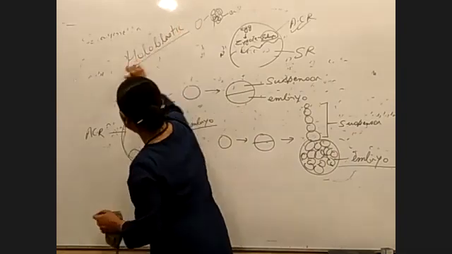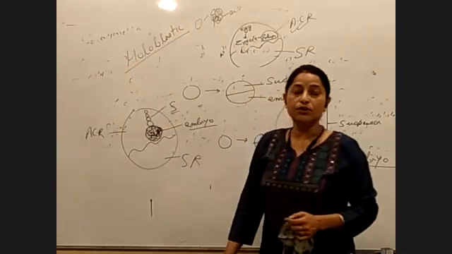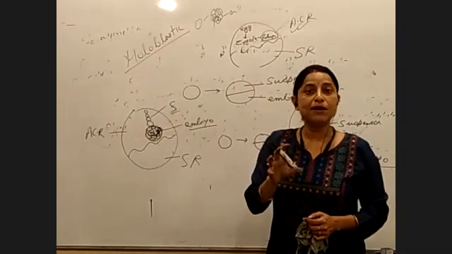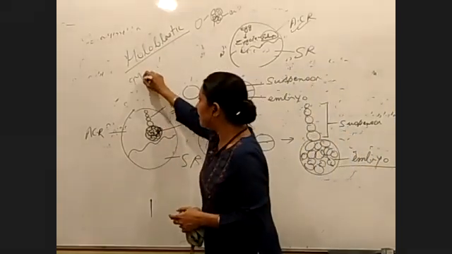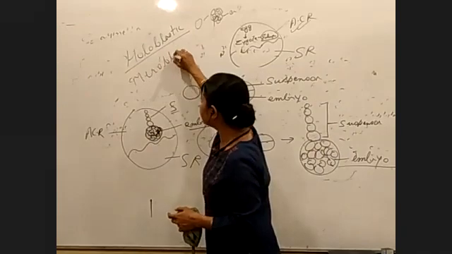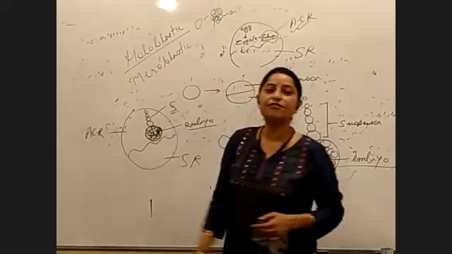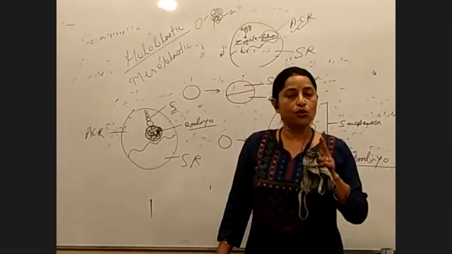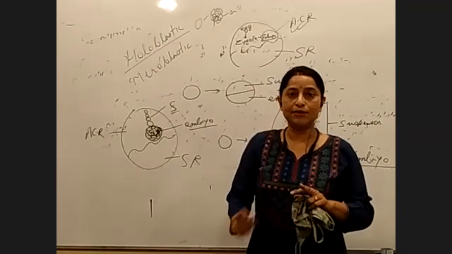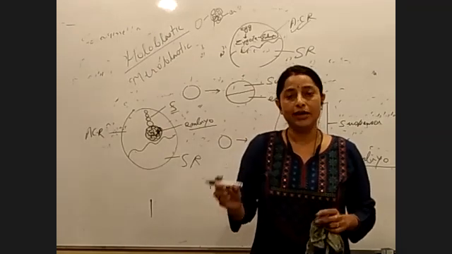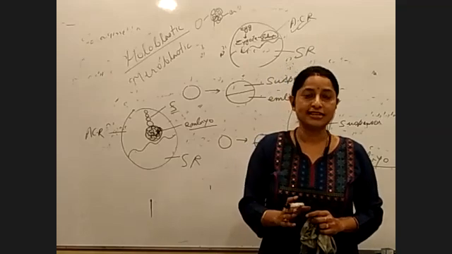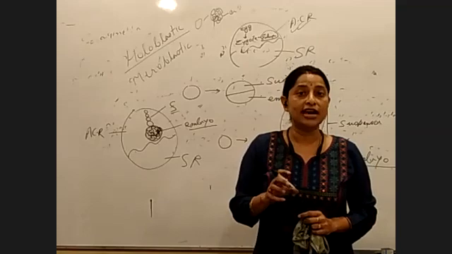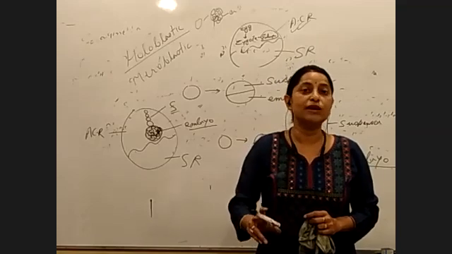If only a part of the zygote forms the embryo, it is called meroblastic embryo development. Two words, holoblastic and meroblastic: embryos can form in two ways. If the entire zygote forms the embryo, it is called holoblastic. If only one part of the zygote forms the embryo, it is called meroblastic.